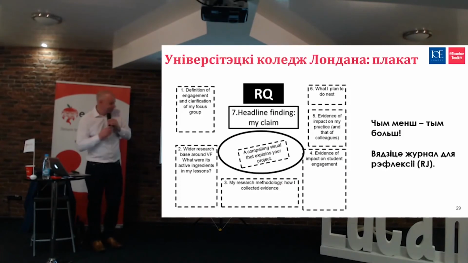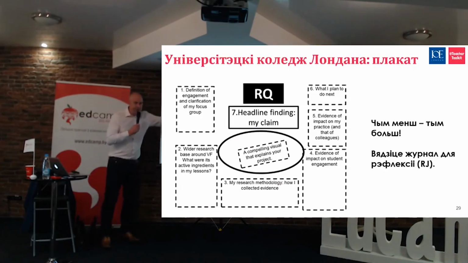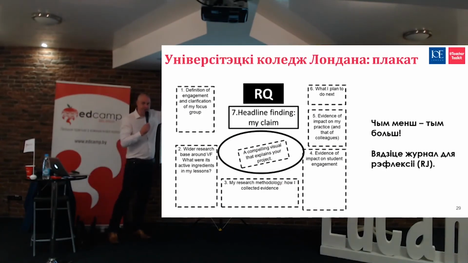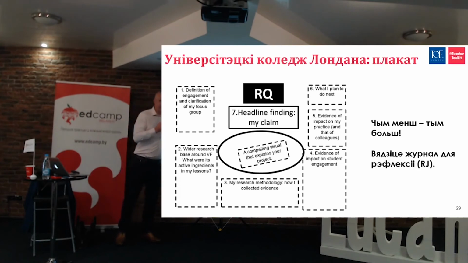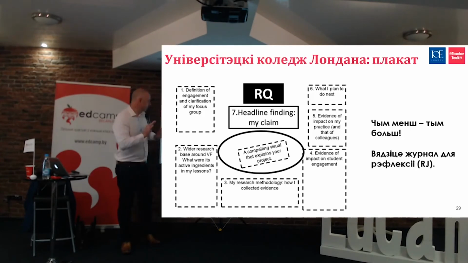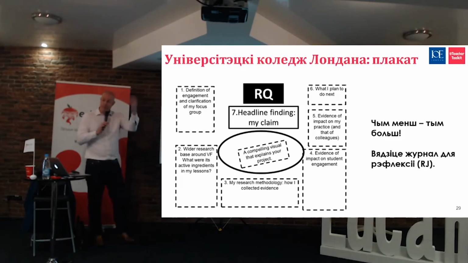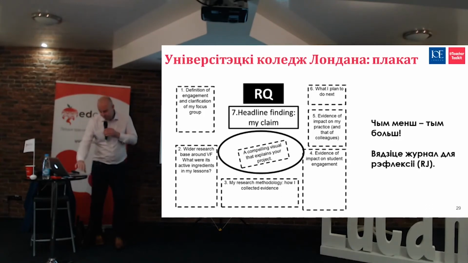That's just the way that we constructed it. The research question goes right in the middle, and then the headline claim, and you've all got them upstairs. But this is our method for doing it on one piece of A3 paper, so it's 2 sides of A4. Whether you have your own method, great, but you might want to try our version too.